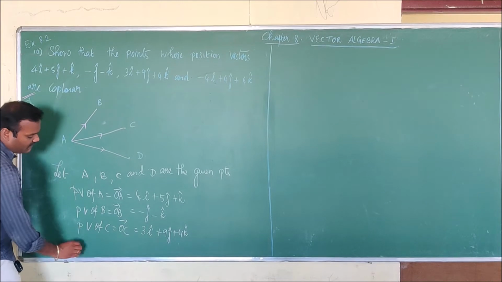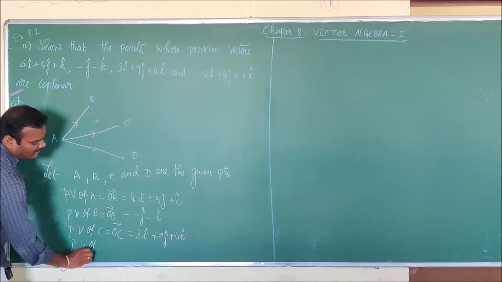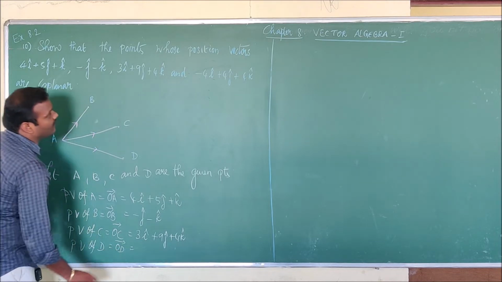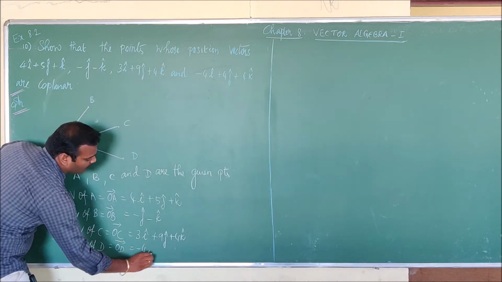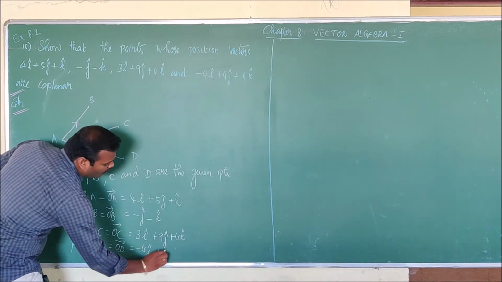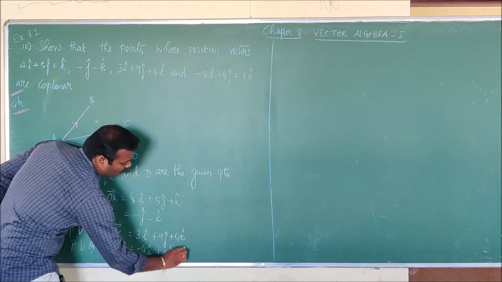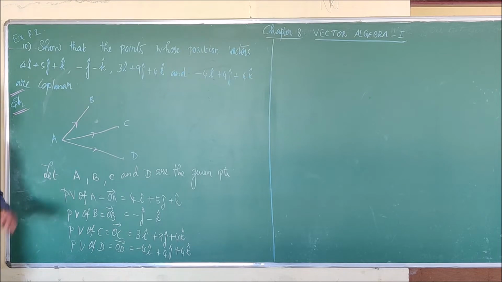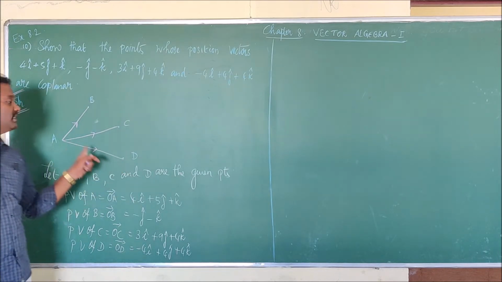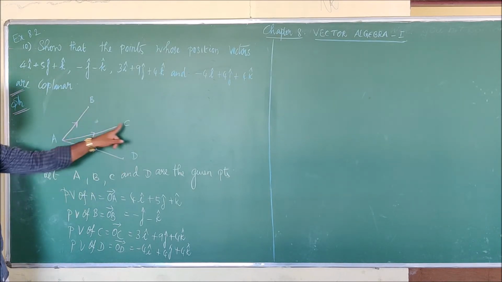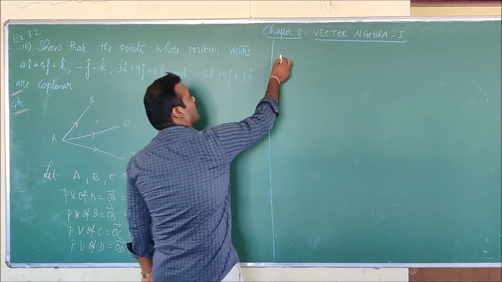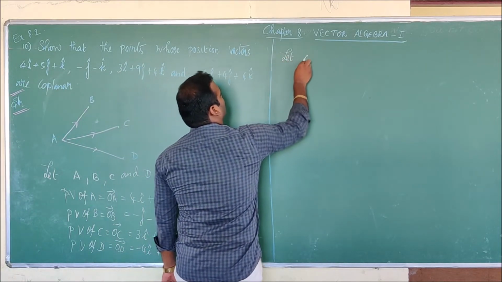Then the position vector of the point D is OD vector, which is minus 4i cap plus 4j cap plus 4k cap. So these are all the position vectors from which you have to frame the 3 vectors AB vector, AC vector and AD vector.